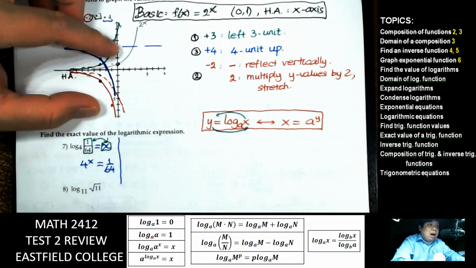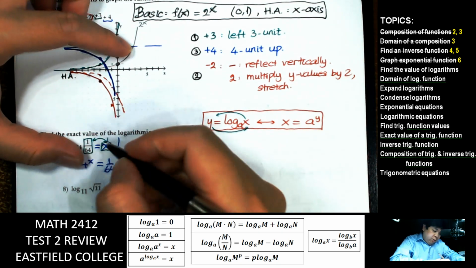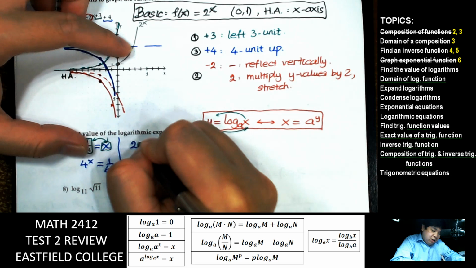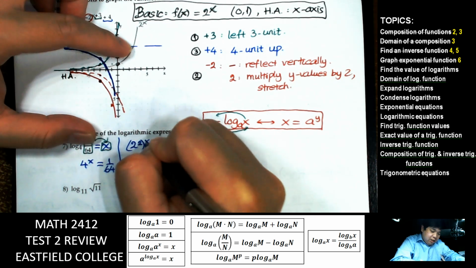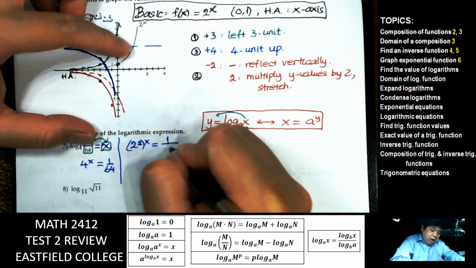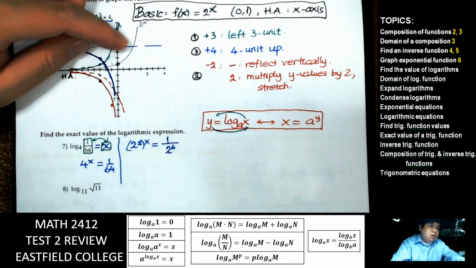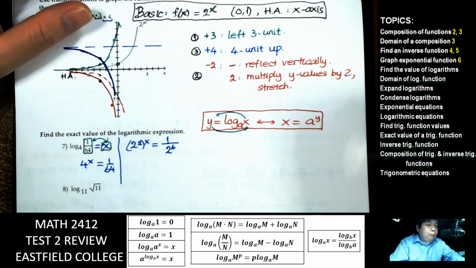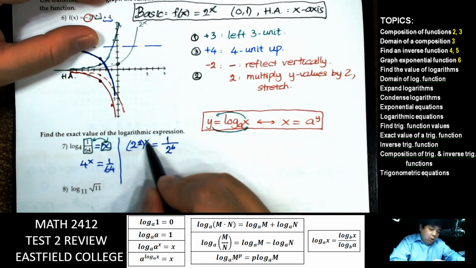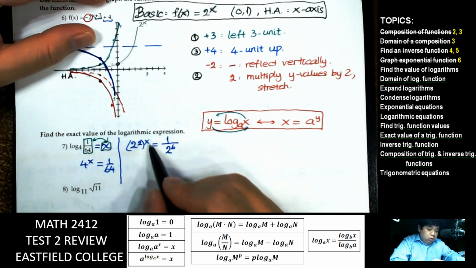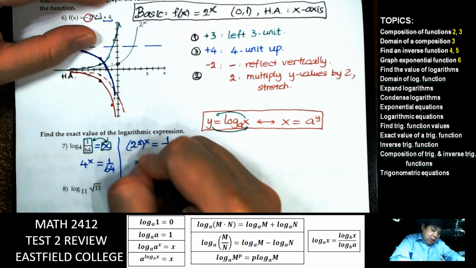Okay. Now we solve this. 4 to the x, you can write as 2 squared to the x, and 64 you can write as 2 to the 6, since 2 to the 6 is 64. Now, a power to another power, we multiply them, so we have 2 to the 2x.